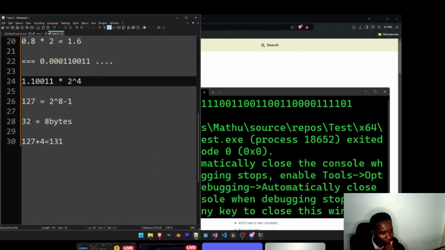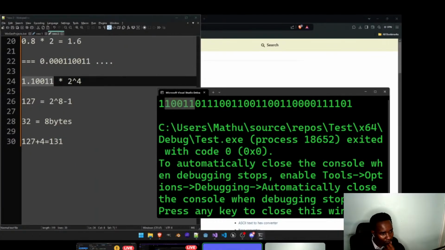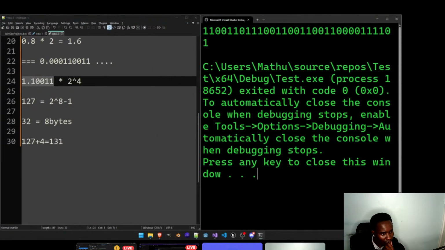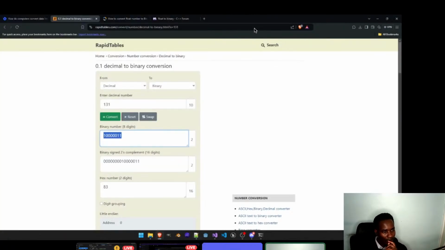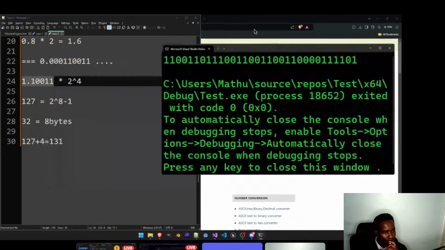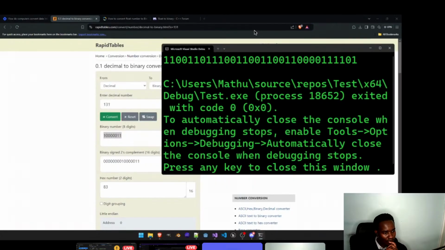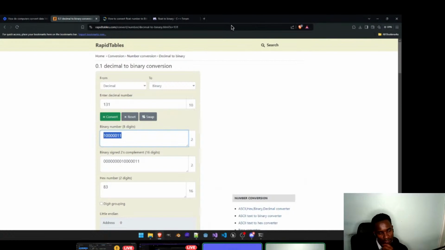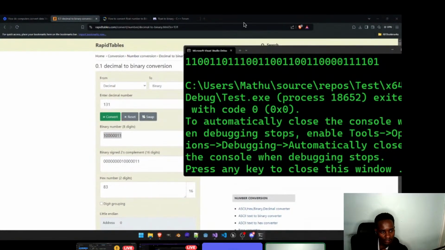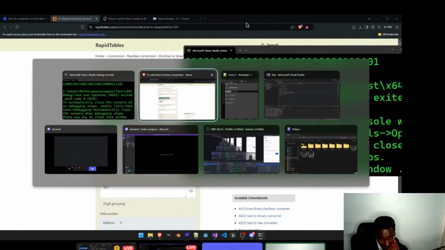Oh, wait a second. It's not adding up. Based on what I was looking at before, I could say it was matching.